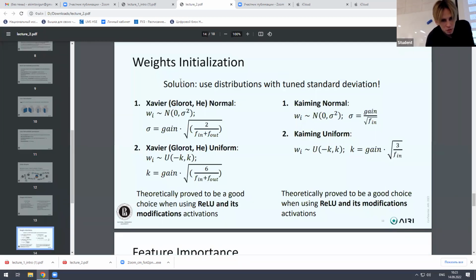So a couple of methods were suggested recently. First of all, this group of methods: you can see that in brackets I put here Glorot and Xavier. The first person who suggested such initialization was Xavier Glorot. That's his name, that's his surname.